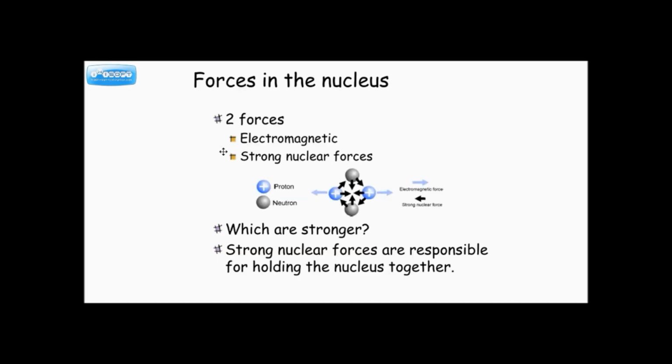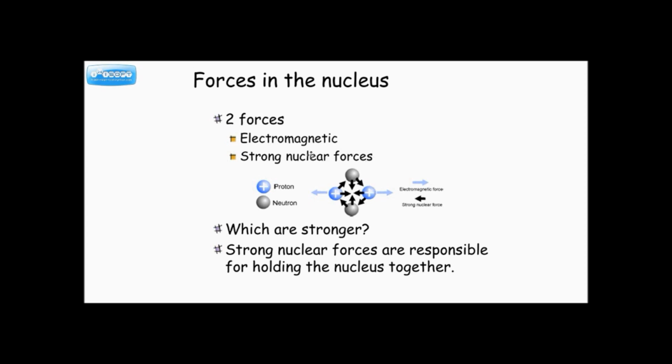There are two forces in a nucleus. One is electromagnetic and the other is strong nuclear. The electromagnetic force is the idea that you have positive and positive, because protons are positive and they are going to repel each other. That's what those blue arrows are showing, electromagnetic forces. Positive charges want to repel, like repels like.